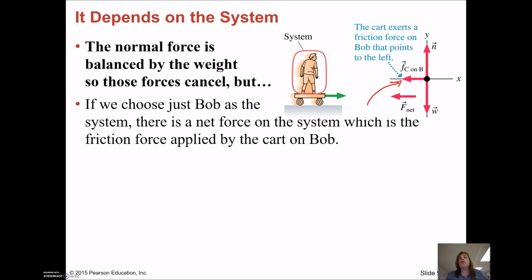Now, if we just chose Bob as a system, we have an external force. We have this unbalanced force on Bob that's changing the momentum of Bob. So we can't use the conservation of momentum, initial momentum of Bob equal to final momentum of Bob, because that would mean that since Bob's mass doesn't change, he didn't get heavier himself jumping on the cart, his speed wouldn't change. And we know that's not true.